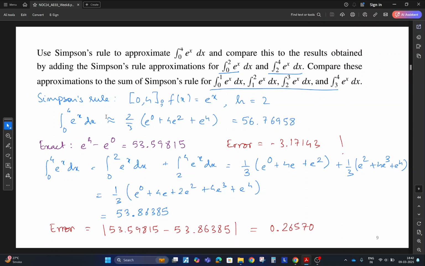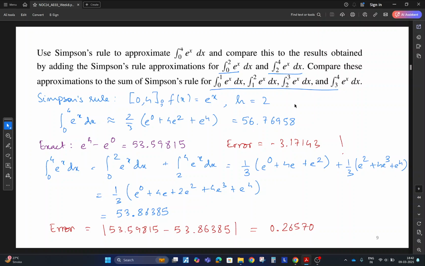And see here, rather than giving the equal sign, we are given the approximately equal to sign because we are ignoring the error term. So approximately, as per Simpson's rule, the value of this integral will be 56.76958.